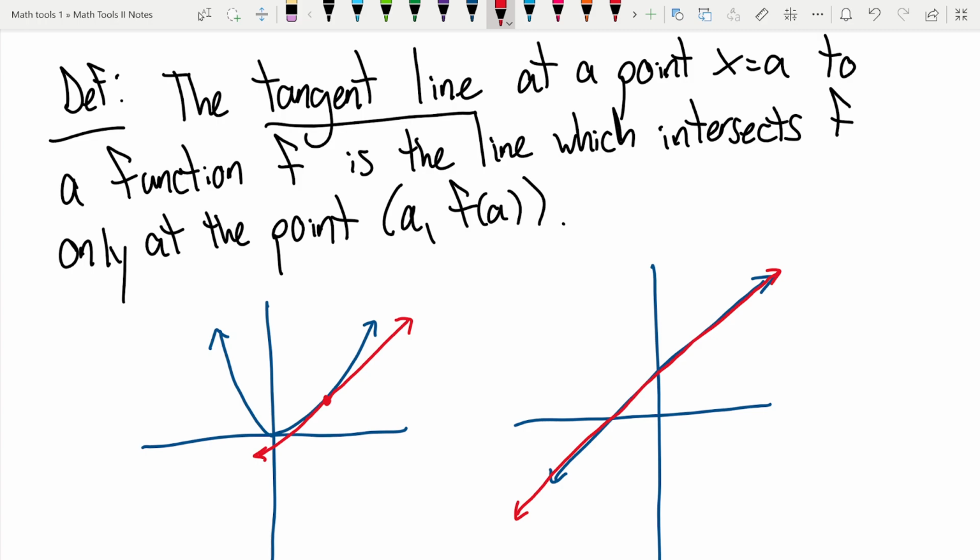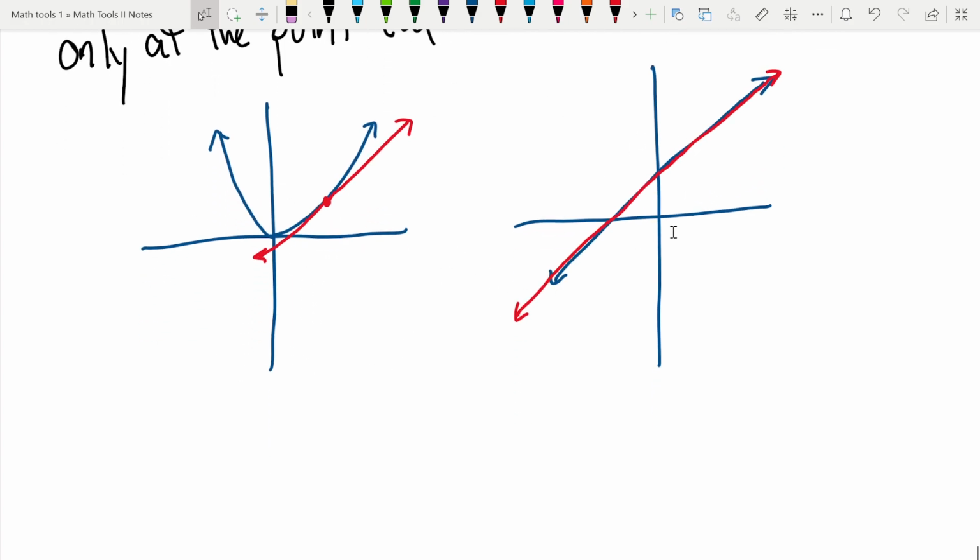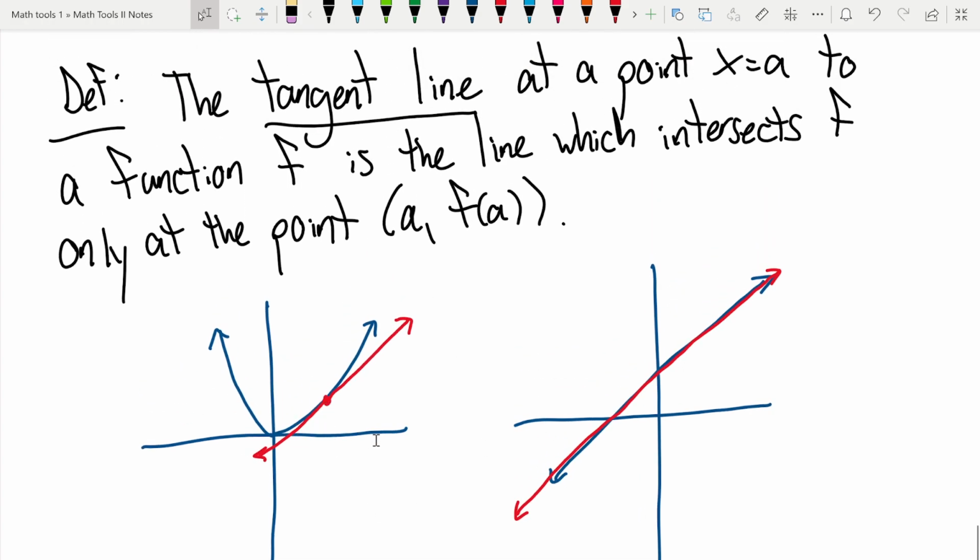So it's better just to use this definition for curves, where it's only intersecting at one point. It falls apart when you're looking at other lines, like a horizontal line. But it won't really be an issue for us because these functions will be a lot easier to find the derivatives of anyway, because we're looking for the slope, which is the same at every point, right? So these are the things that we're trying to develop a new system for. We can use the old systems for these. So for any kind of curve, we would define the tangent line this way.